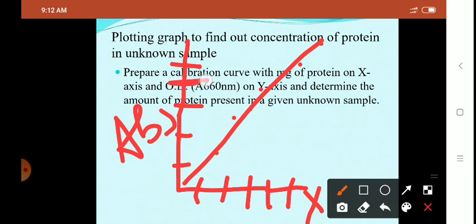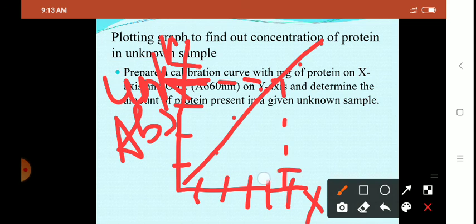Now you extrapolate that on the graph and drop a perpendicular line on the x-axis. The point where it meets the x-axis, between 80 microgram and 100 microgram, is the concentration of protein present in the unknown sample.